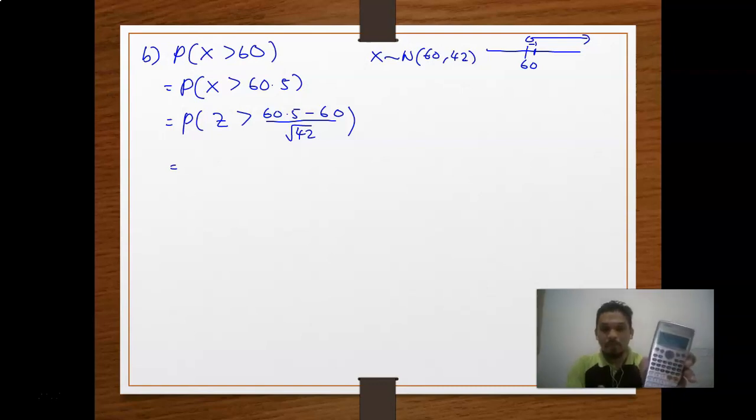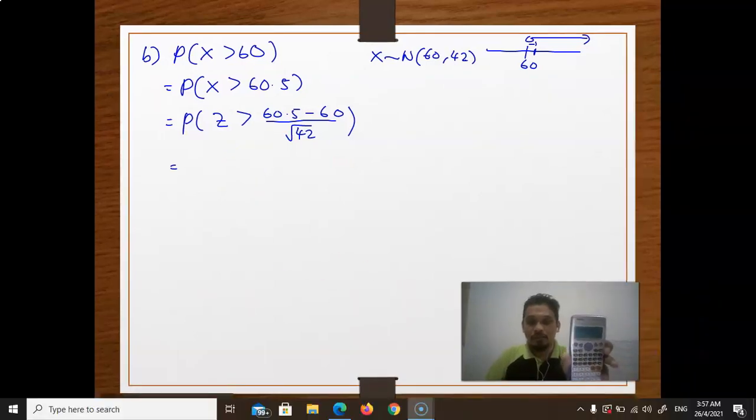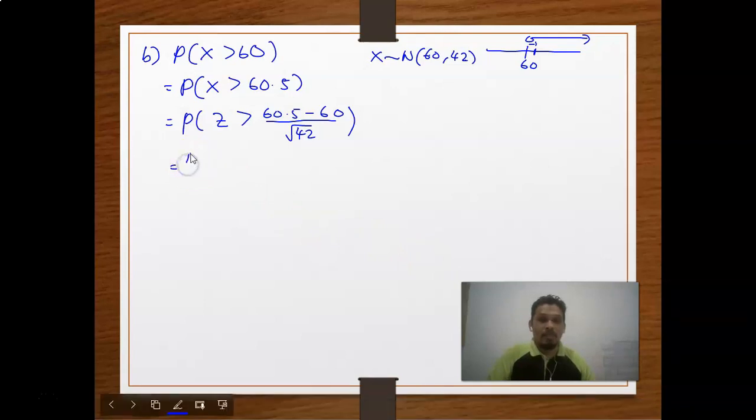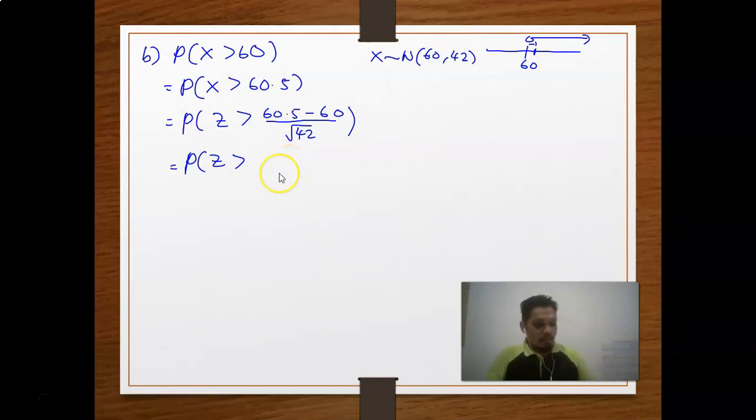I do hope that all of you can see. This equals 0.0771, so about 0.077. We can find the answers from here with 2 decimal places, so we make this 0.08.